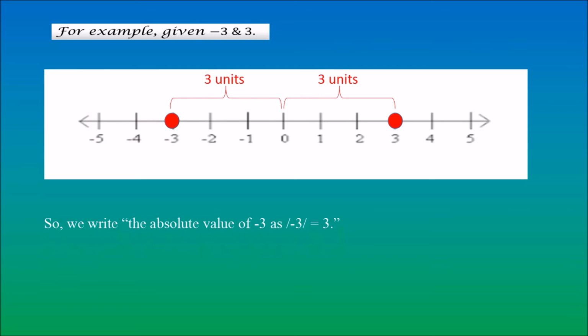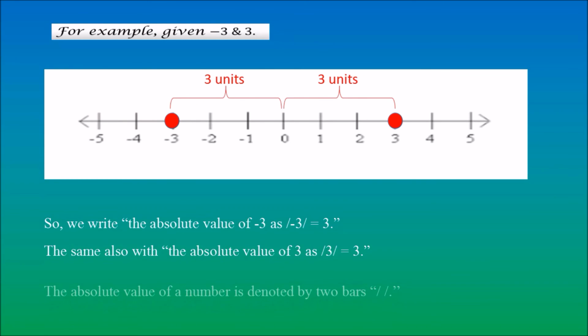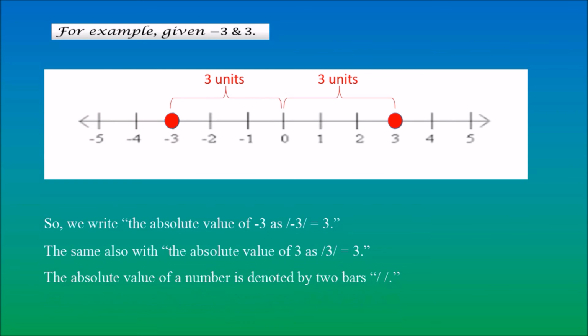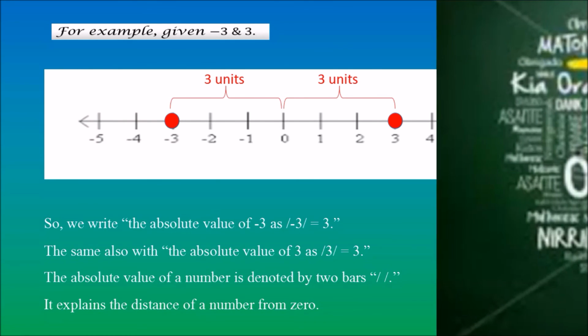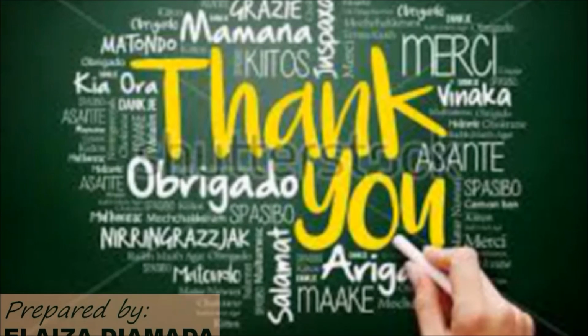So we write the absolute value of -3 as the absolute value of -3 equals 3. The same also with the absolute value of 3: the absolute value of 3 equals 3. The absolute value of a number is denoted by 2 bars. It explains the distance of a number from 0. That would be all. Thank you.